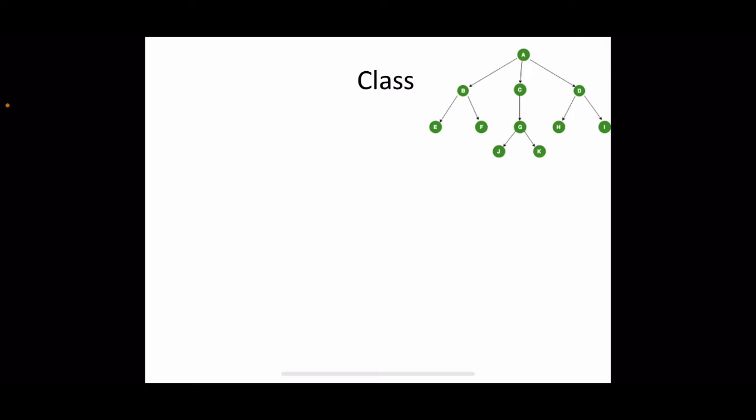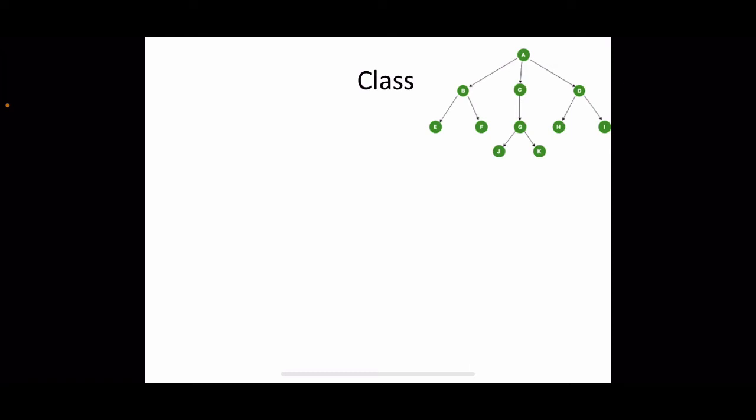So we can say that B inherits the properties of A, and E and F are actually subclasses of B, right? So E inherits all the properties acquired by B, and B inherits the properties of A, like that. That is the hierarchical order in which different classes are arranged.